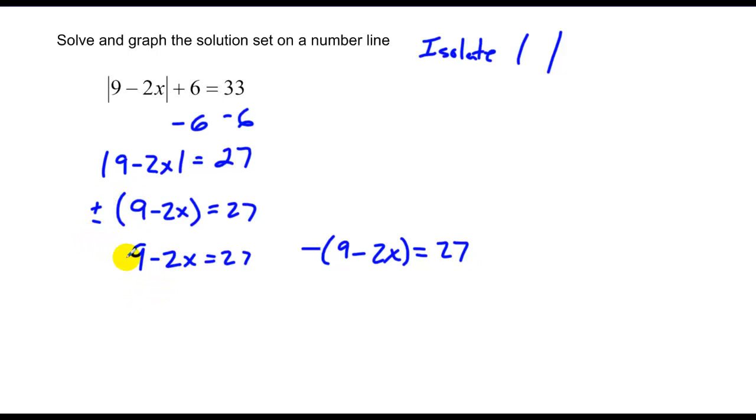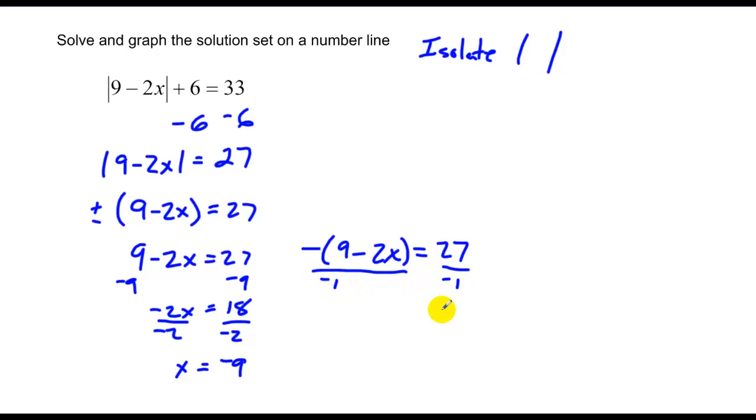Next, we solve each of these two equations. I'll solve this one by subtracting 9 from both sides, which gives me 18 is equal to negative 2x. Divide by negative 2 on both sides. Negative 9 is equal to x. And on this side, I'll divide by negative 1 on both sides, giving me negative 27 equals 9 minus 2x.